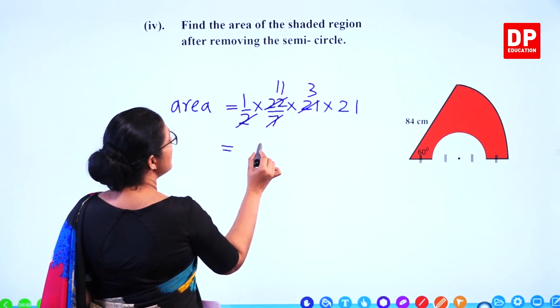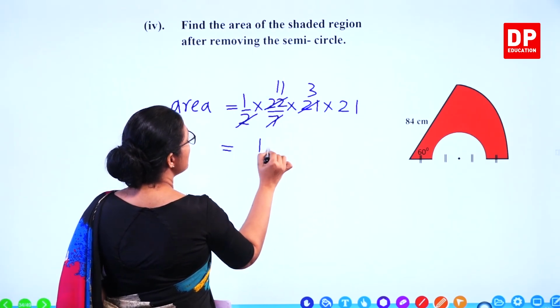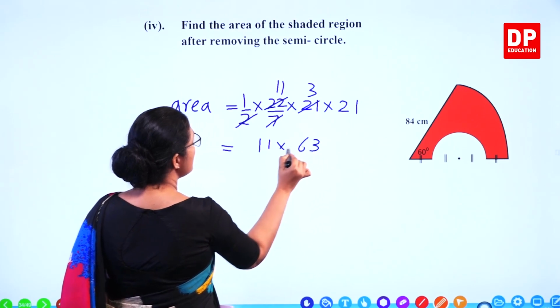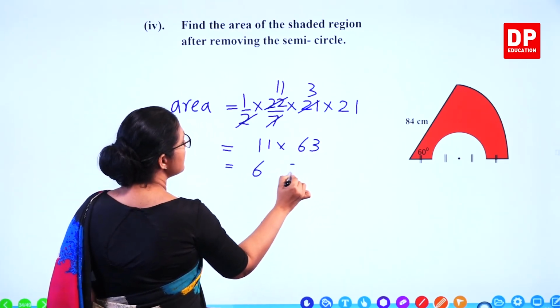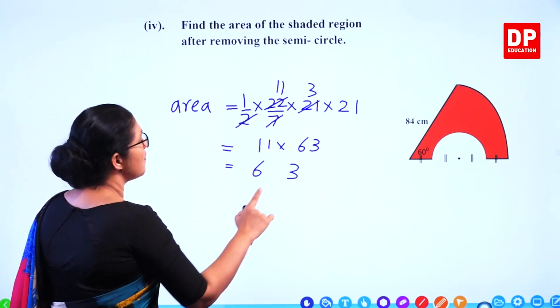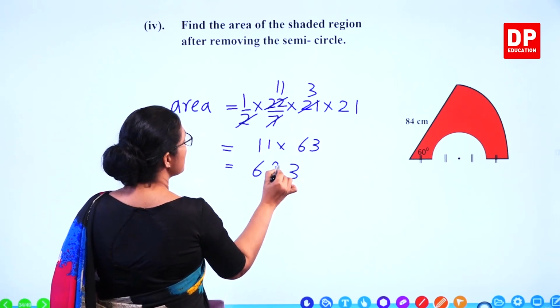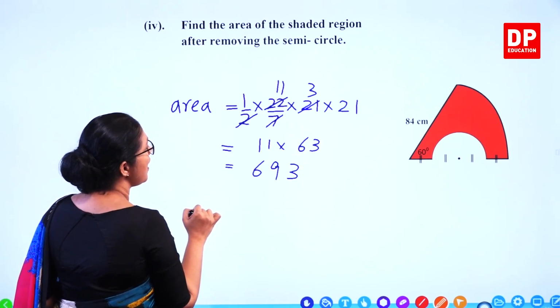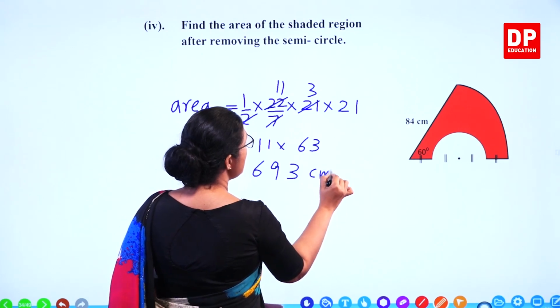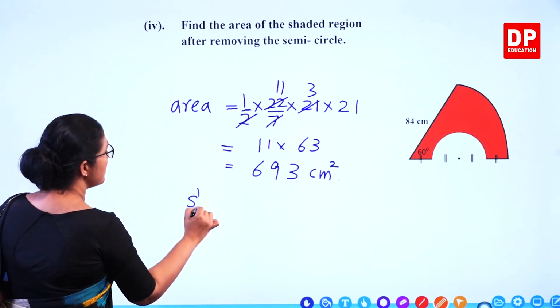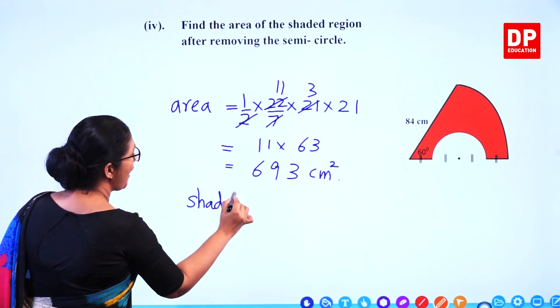So here 11 times 63. Again 6 and 3 write separately and 6 plus 3 becomes 9. 693 square centimeters.